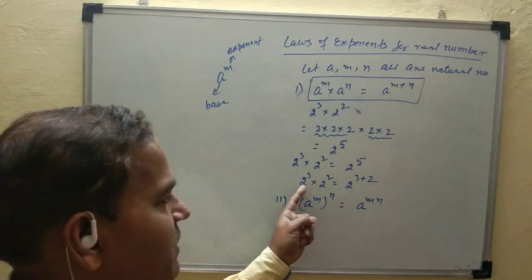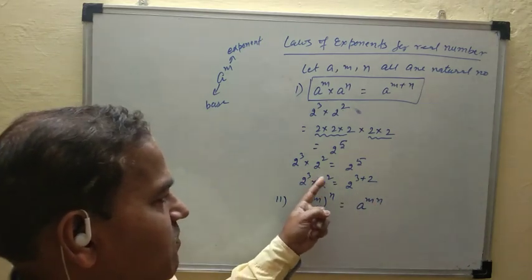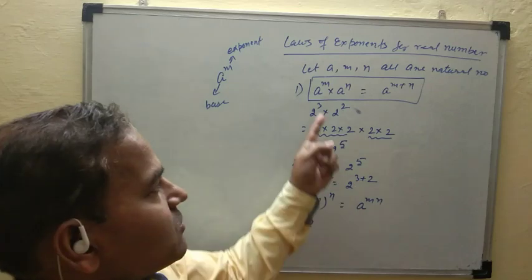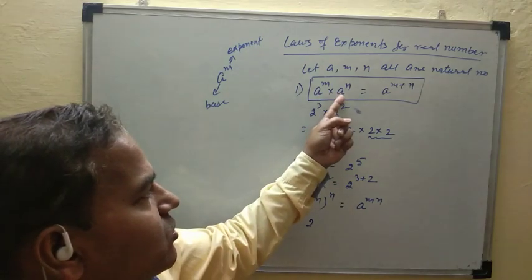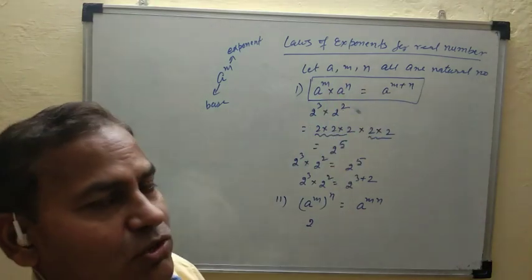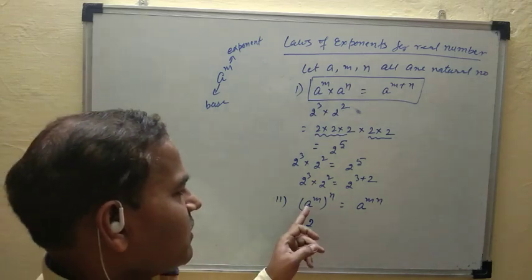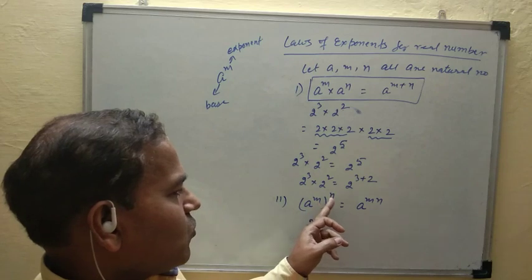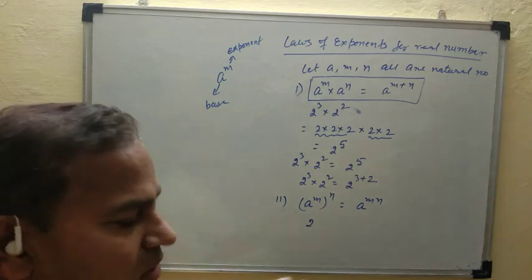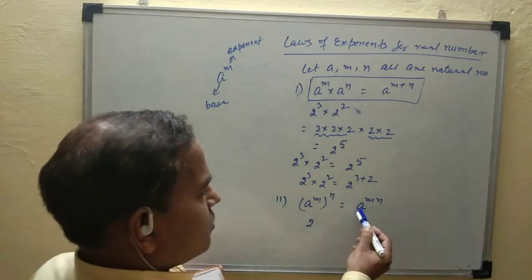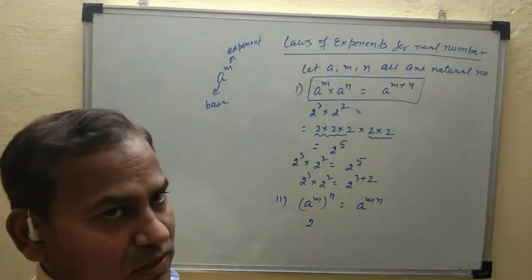That is, यदि बेस सेम हो तो इनटू में पावर क्या कर देंगे, ऐड. So a to the power m into a to the power n is equal to a to the power m plus n. Similarly, second property: a to the power m whole to the power n is equal to a to the power m into n.